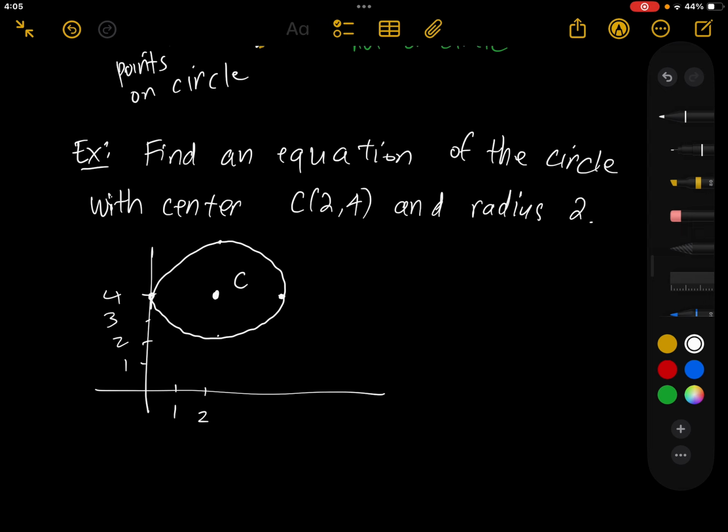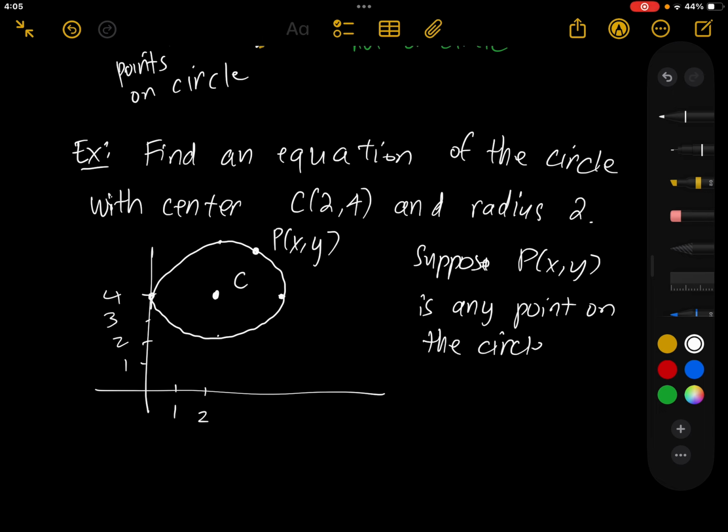What we're trying to find is an equation involving x and y. So let's say you have a point P, which is (x, y), and it's on the circle. Suppose that P (x, y) is any point on the circle.